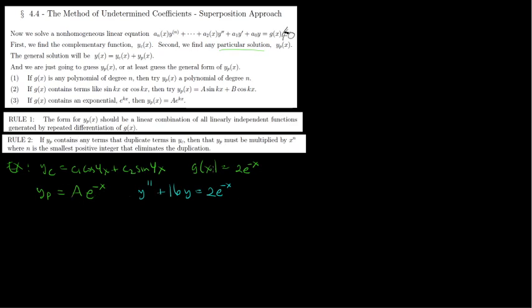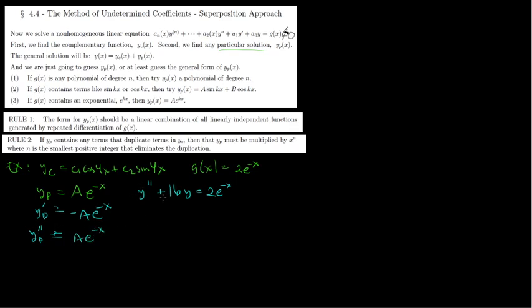Since this should solve this equation, we just have to take the two derivatives. So let's do yp prime. The first derivative is just negative a e to the negative x. And then yp double prime, we get another factor of negative 1, so that makes this positive a e to the negative x. So it's the same as yp.